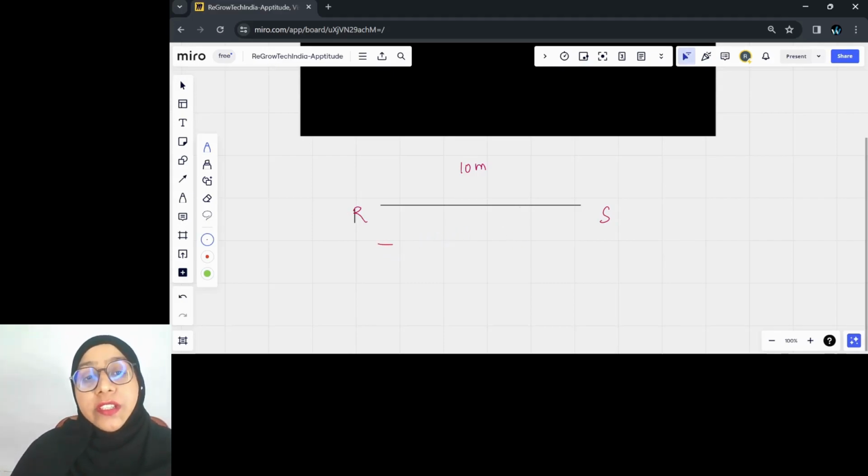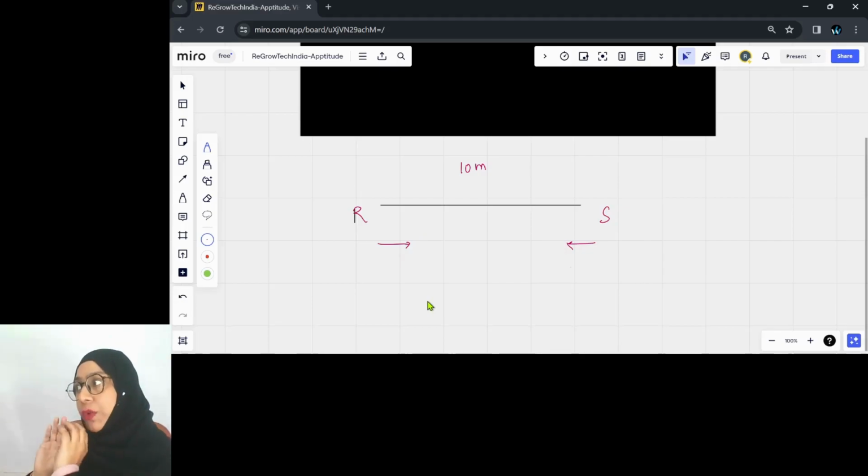Now Raj is running towards Simran and Simran is running towards Raj, right? If you think about it, their directions are opposite to one another. Now, let us make it a number line, for instance.